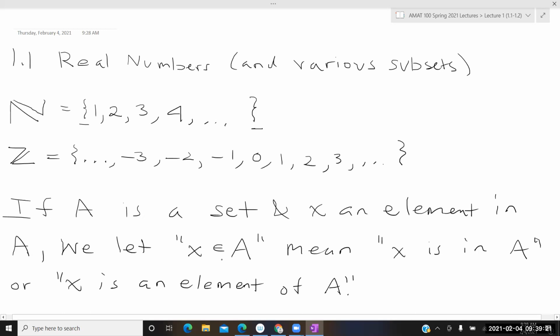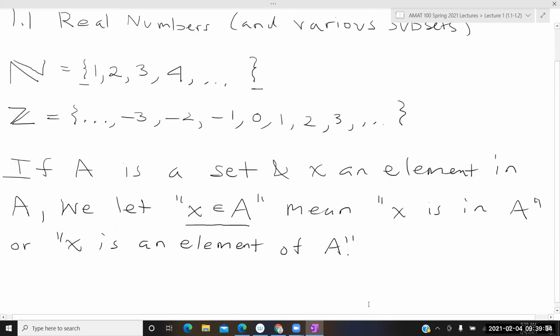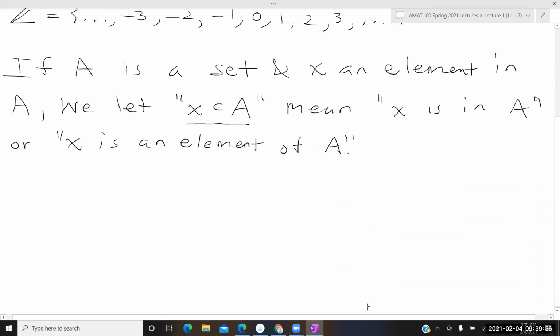This is just shorthand for saying that x is in A, or x is an element of A, or x is a member or an object in our set A. So that's just one formalization or symbolization of something intuitive that we already know.